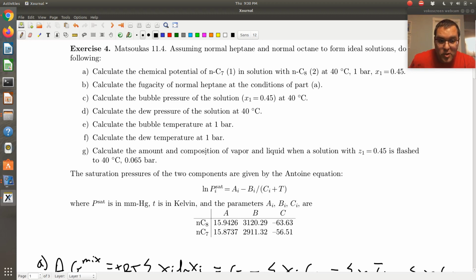But the check I want to do to make sure this problem is reasonable is that at 40 degrees C, you calculate dew P and bubble P. If this pressure is between my dew P and bubble P, then I'm in the two-phase region of my phase diagram. That's good. So I'm just going to go out on a limb and assume that pressure is between dew P and bubble P, then I'm in my two-phase region, and proceed.